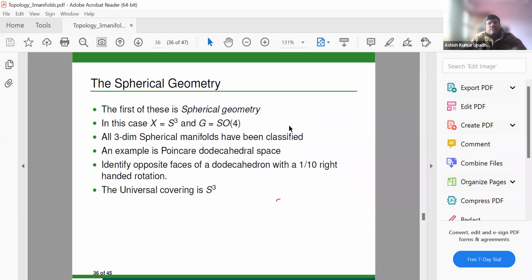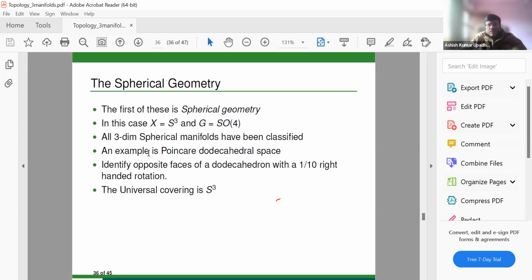Now, I will briefly tell about all these 8 geometries. As mentioned, 3 geometries were immediate, analogous to the geometries in dimension 2: S3, E3, and H3. The first of these is spherical geometry. In this case, the simply connected part is S3 and G is SO4. All 3-dimensional spherical manifolds have been classified.